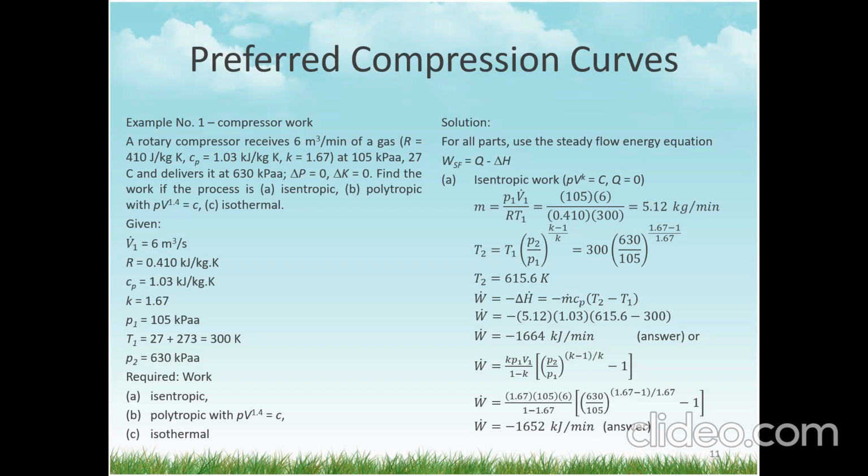Answer. So, 1664 and 1652 are approximately equal. Nag-difference lang siya dito. Bakit nagkaiba? Kasi yung Cp. Pag ginamit mo yung Cp is equal to kR over K minus 1, exact sila.